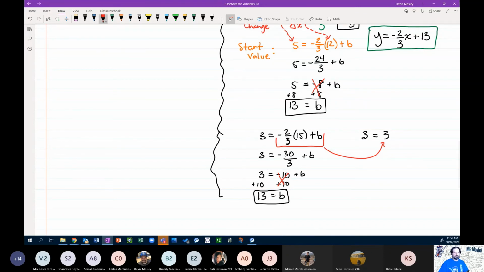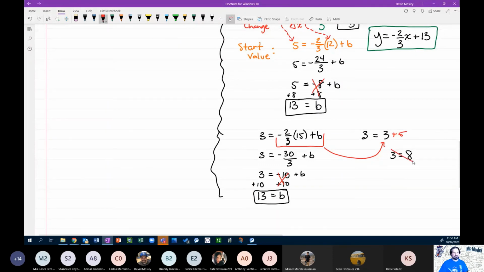So if 3 equals 3, and I add 5 to this side but I don't do it to this side, then I have 3 equals 8.